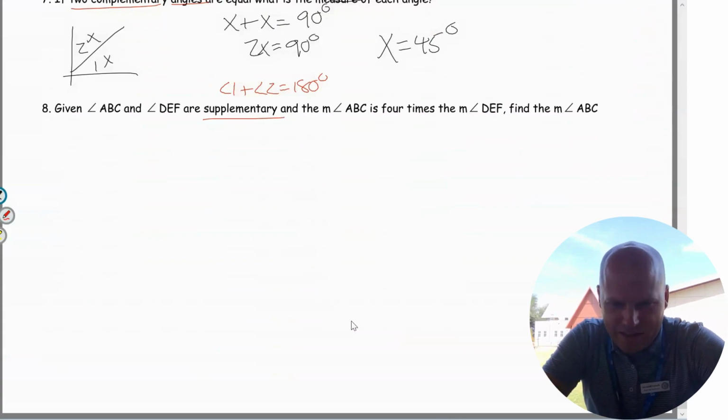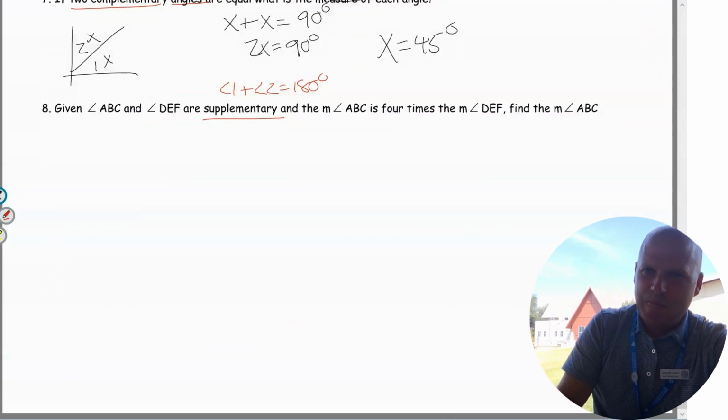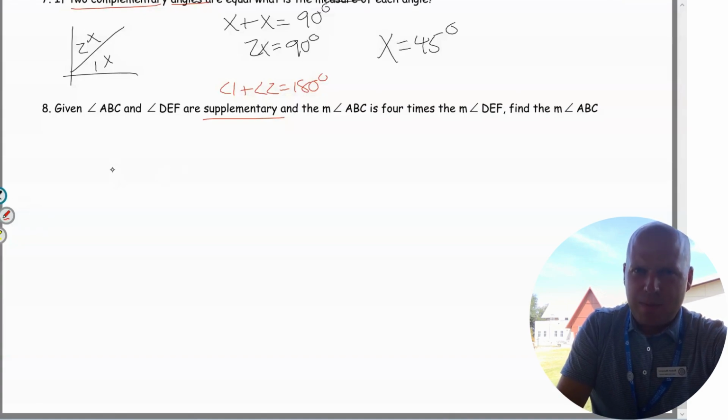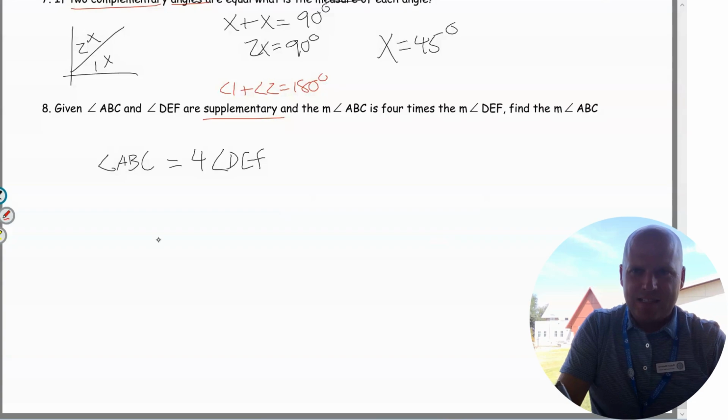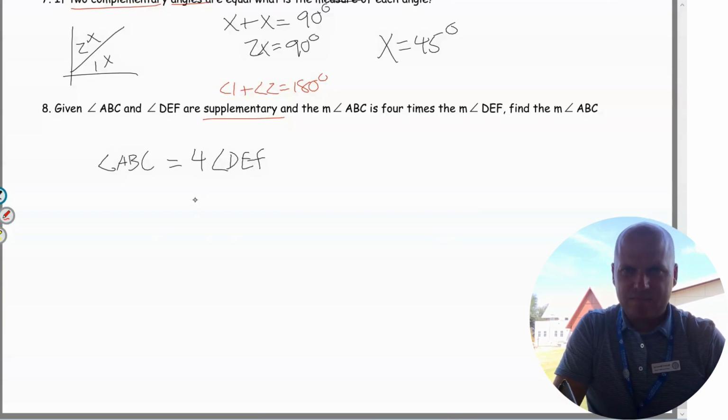Last question. Again, can you set up and solve an equation? Not really just figure it out. Please try to do that. Supplementary equaling 180 degrees. ABC and DEF. ABC is 4 times DEF. Well, let's say DEF is x.